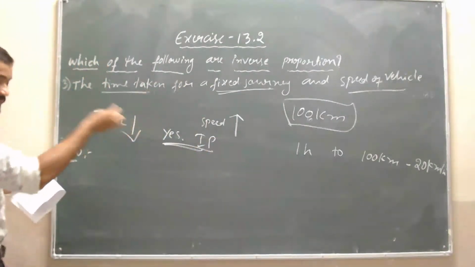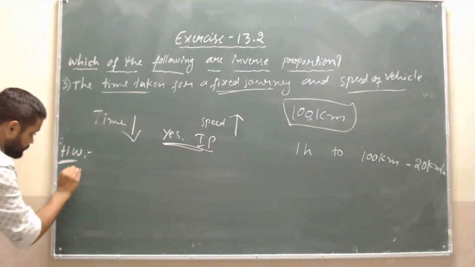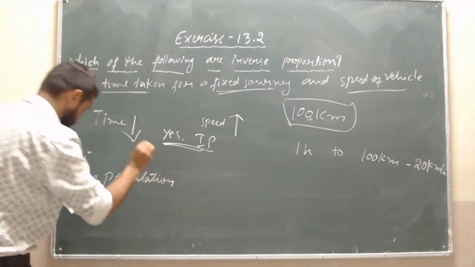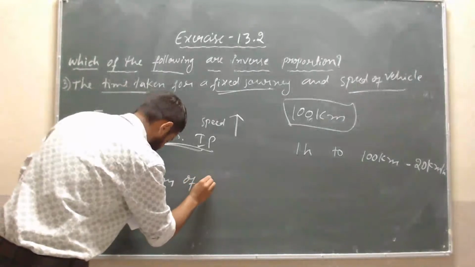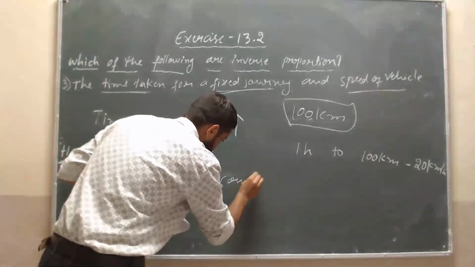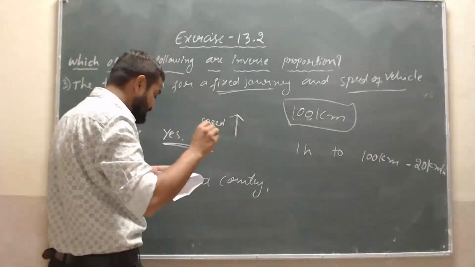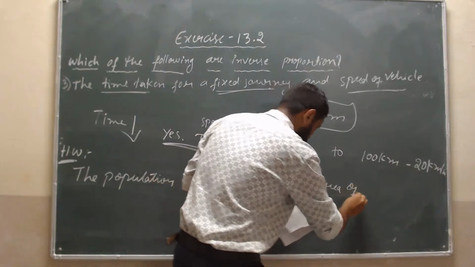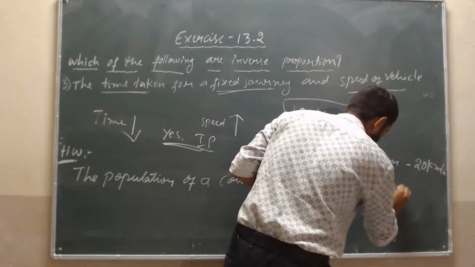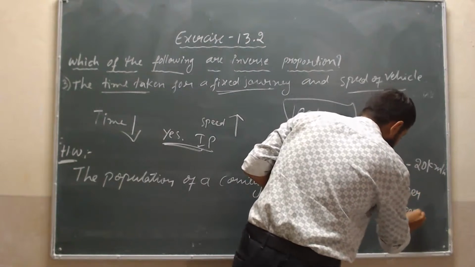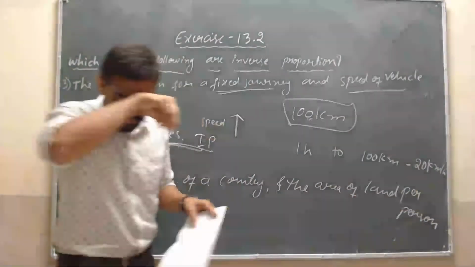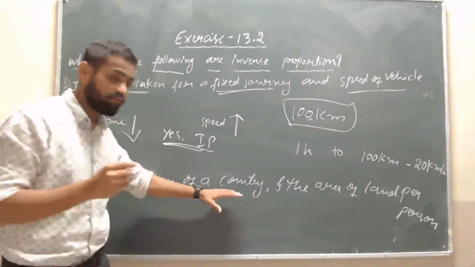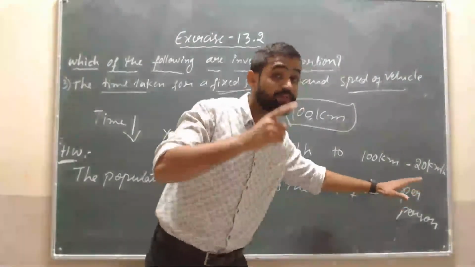Here two quantities are given: the population of a country and the area of land per person.